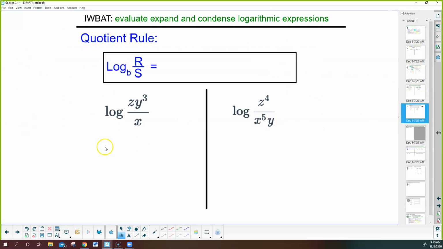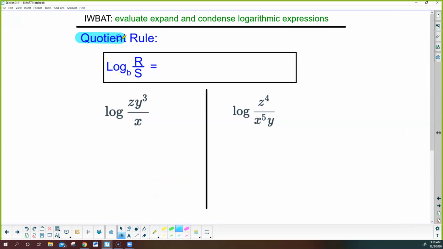Okay, last official rule, and then we've got one more item called the change of base that comes up. So we did powers, product, which is multiplying, so now we have quotient, and quotient is referring to division. So what happens if I'm taking the log of a fraction with a certain base?